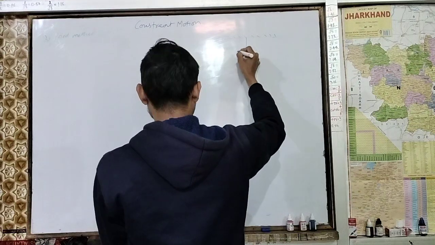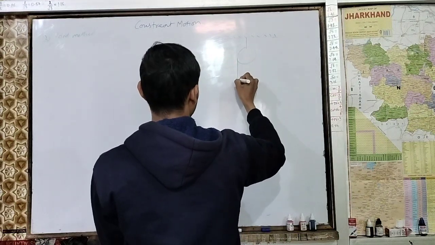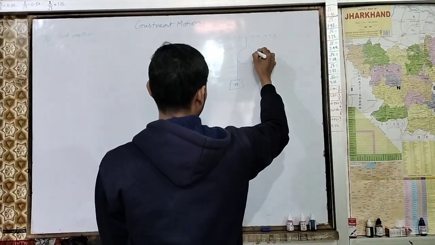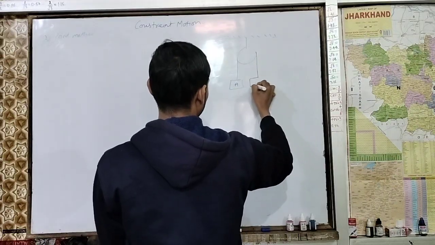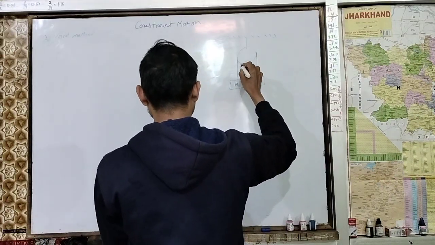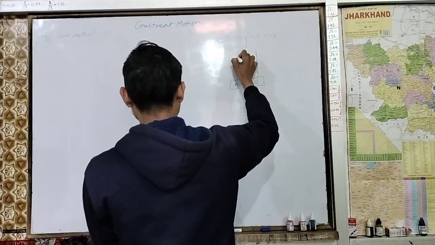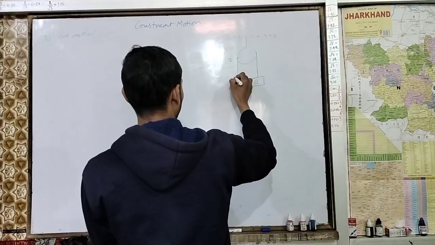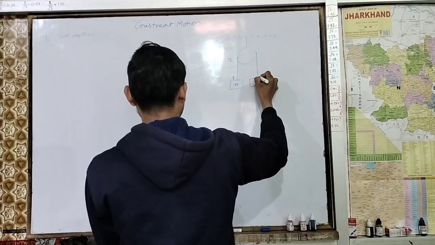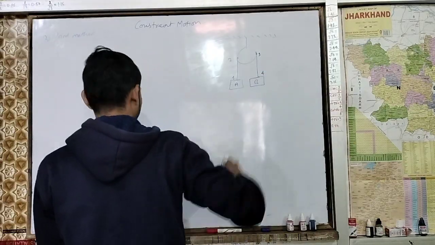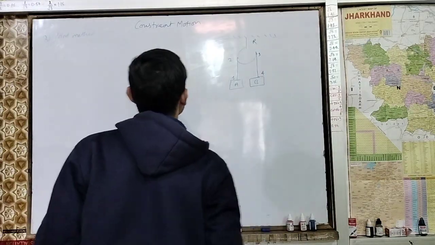One string will be fixed, and there would be two objects, two blocks, A, B. Second, one point over here, third point is over here, fourth point is over here. This we are considering as R.